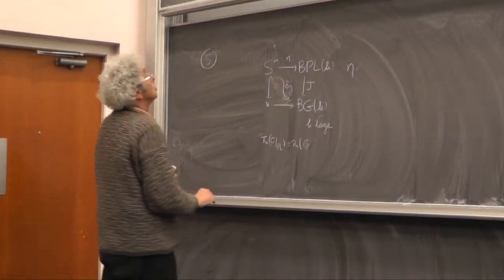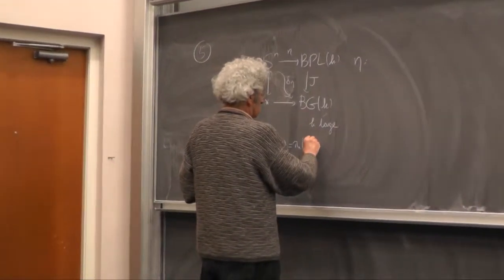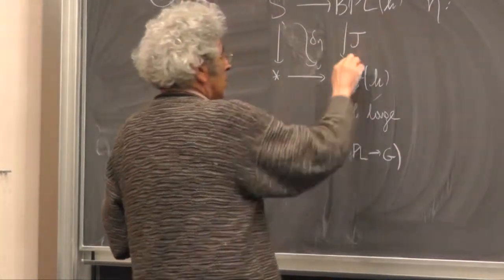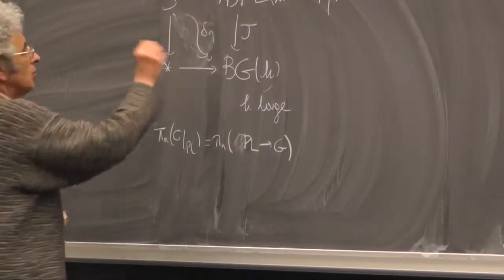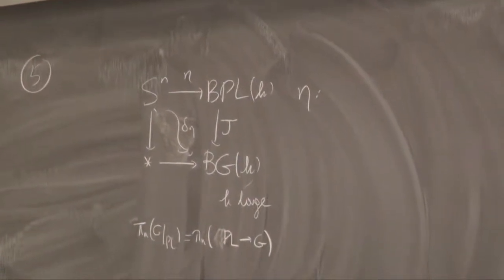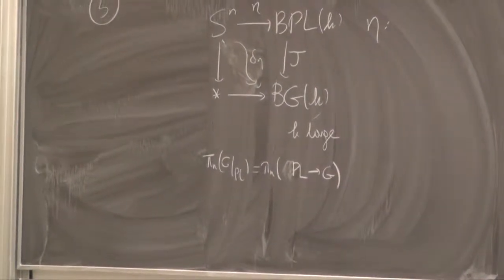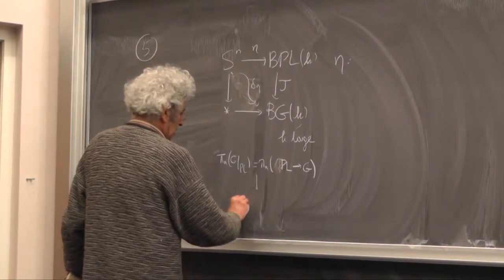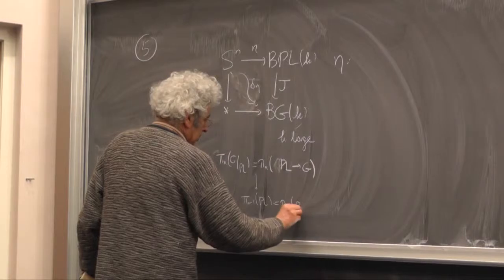That is, pi_n of G mod PL, pi_n of PL. Okay, there's the PL equals G. So that's an element. What is it? Now let's just worry a little bit about dimensions. So this goes to pi_(n-1) of PL, which is pi_n of BPL.